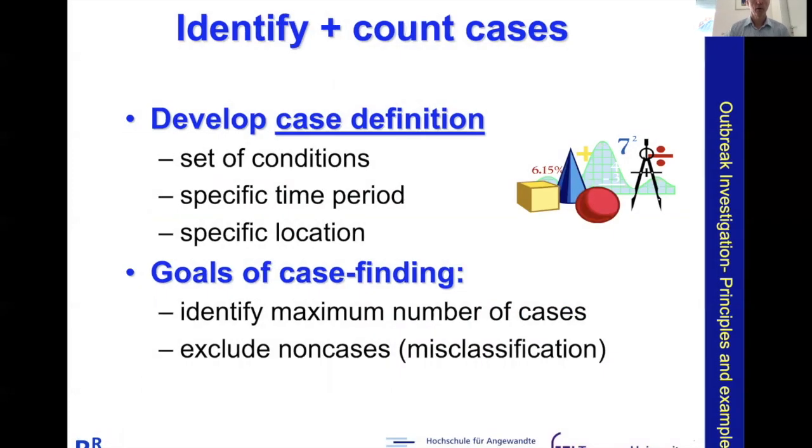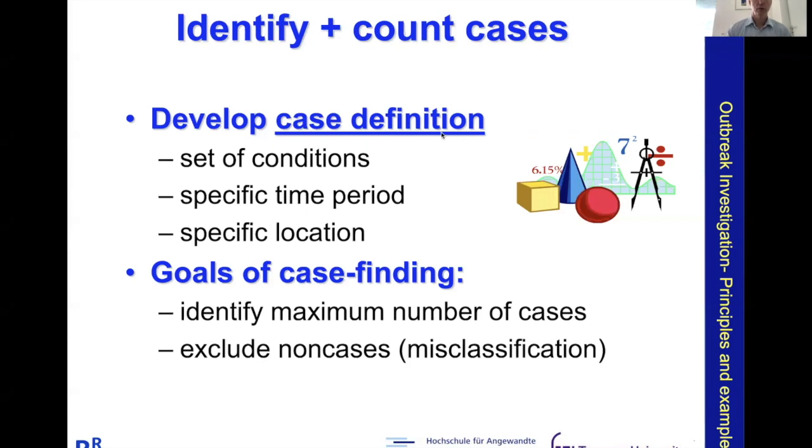Exactly. One of the next steps will now be to identify and count cases. And as Daphne kindly already told us before, we need a good case definition, not only for a surveillance system, definitely as well, but now for our outbreak investigation.